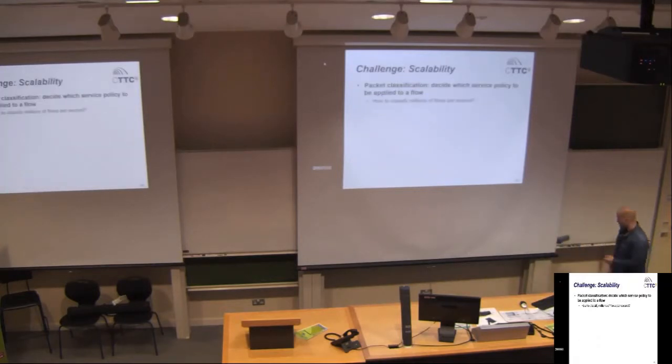So what SoftCell proposes is to start packet classification at the access edge. So basically, instead of performing packet classification and fine-grained service policies in the core, we do it in the access switch.